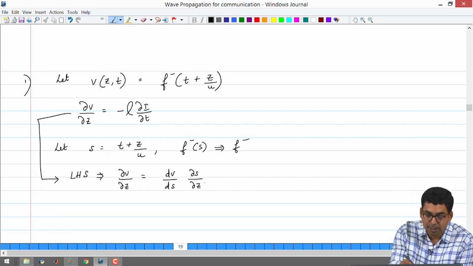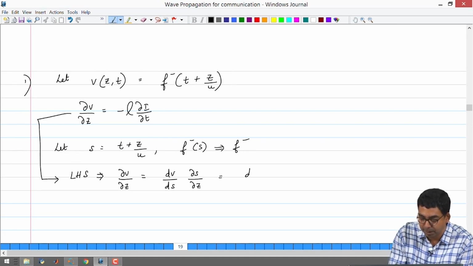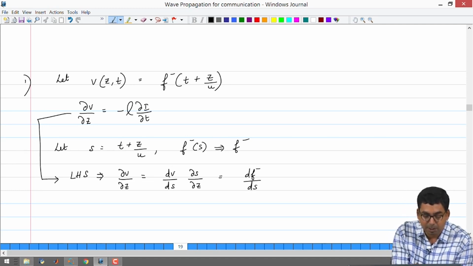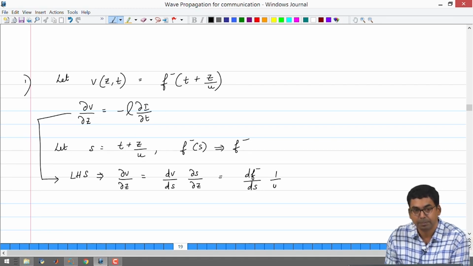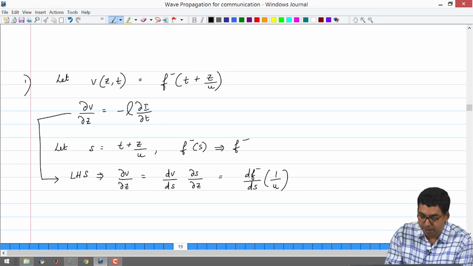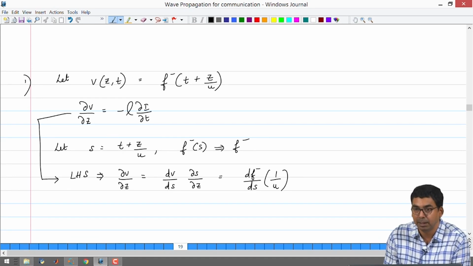Since the voltage is f minus, you can also write this as df minus by ds, and dou s by dou z. If s is equal to t plus z by u, you will just end up getting 1 by u. So, we have dou v by dou z equal to df minus by ds multiplied by 1 by u, where u is the velocity.